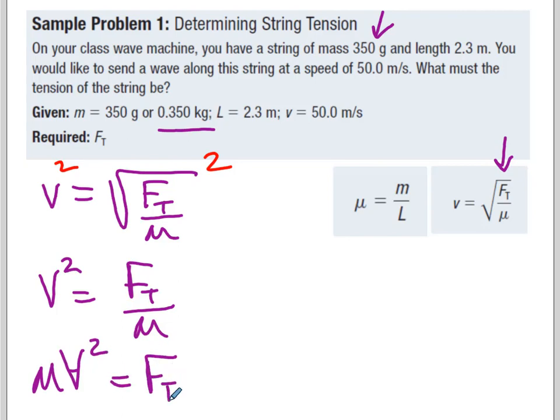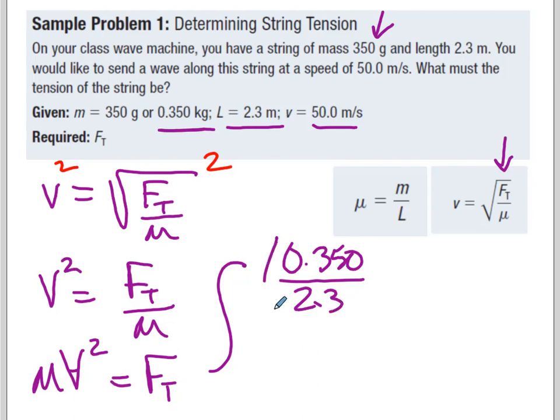Now I just have to input the information I do have. I know wave speed, which is 50. I know that I have a mass of 0.35 kilograms and a length of 2.3 meters. So my linear density would be 0.350 divided by 2.3 meters. There's my density. My velocity is 50, all squared, and that should give me F_t.